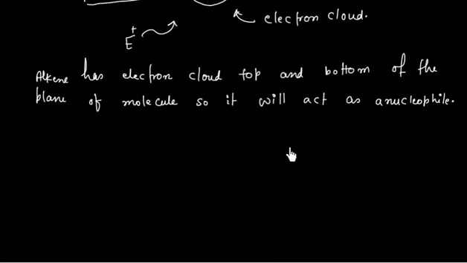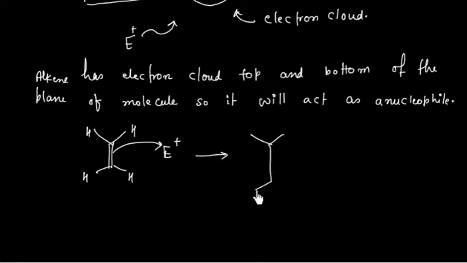For example, we can show the same reaction. We have hydrogen, and if an electrophile comes, this double bond will attack the electrophile, and there is a carbon electrophile bond formation, and it will generate a carbocation.